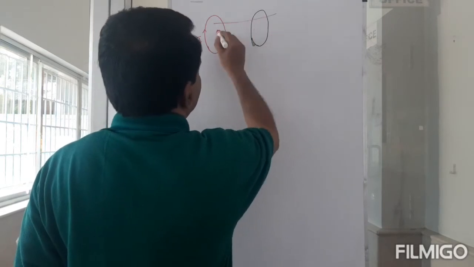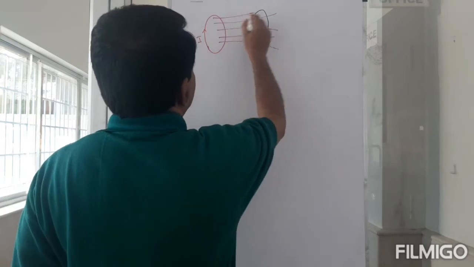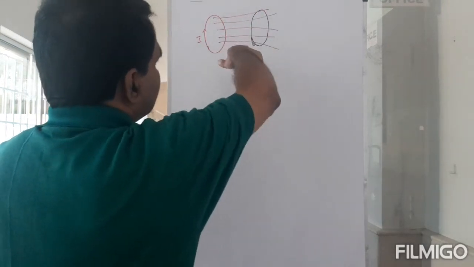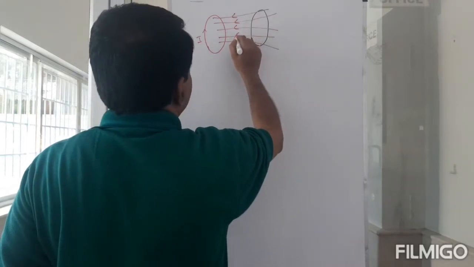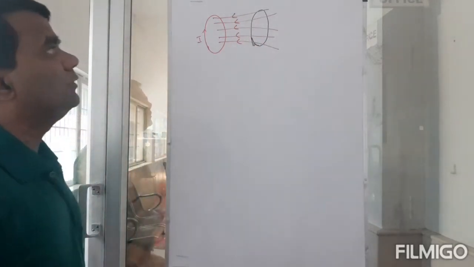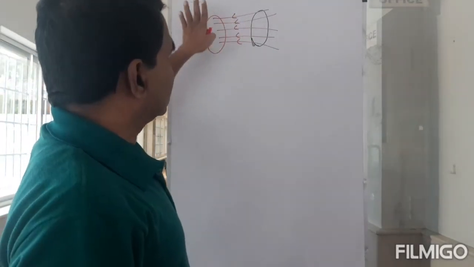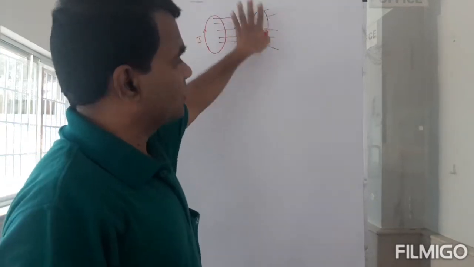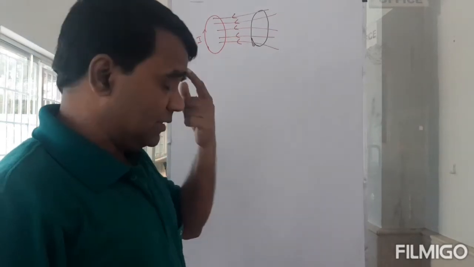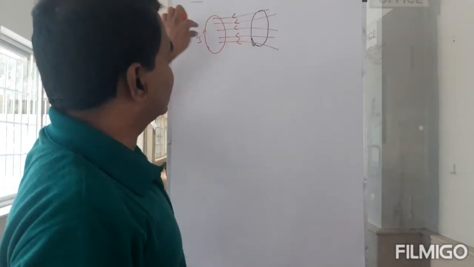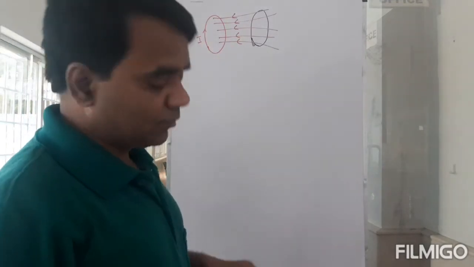So clearly this will have a field, showing like that. The field direction will be something like this. So there is this field from this loop, magnetic field that goes into this loop. And if this current changes, then clearly an EMF is going to be generated because the flux through this will also change because the current in this loop changes.